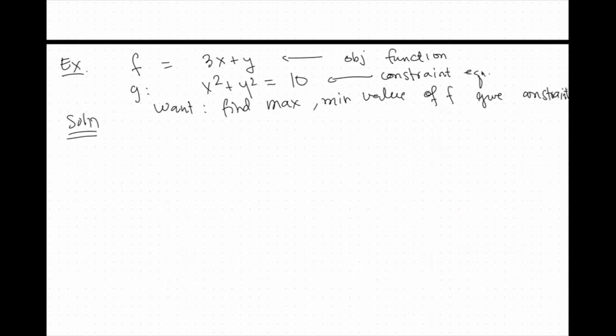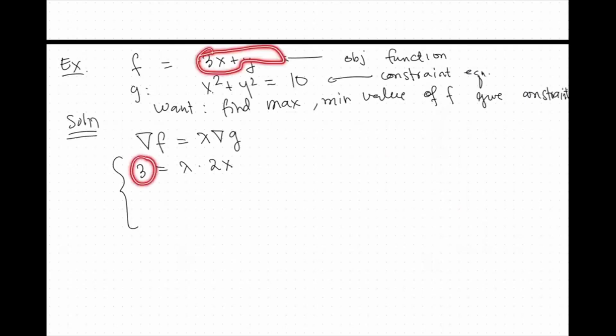First we get the gradient of f equal to lambda times the gradient of g. Here the partial derivative with respect to x is 3, and here we get lambda times 2x.